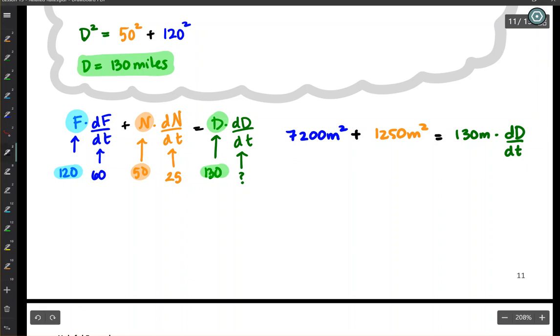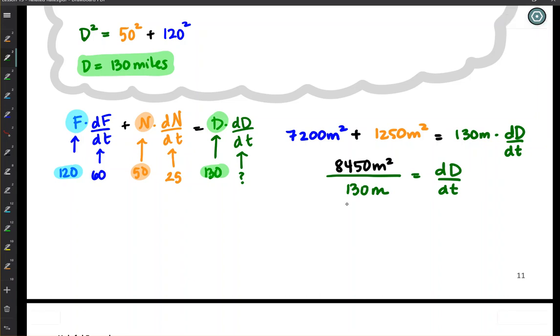All right, so adding these two together gives me 8,450 miles squared, then divided by my 130 miles. And we are done. 8,450 divided by 130 is 65 miles per hour.